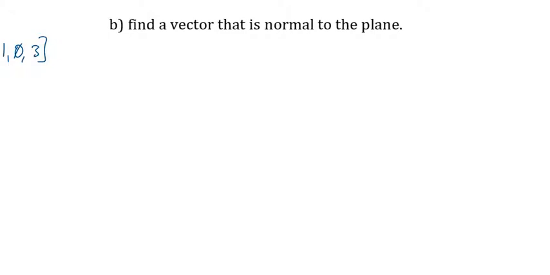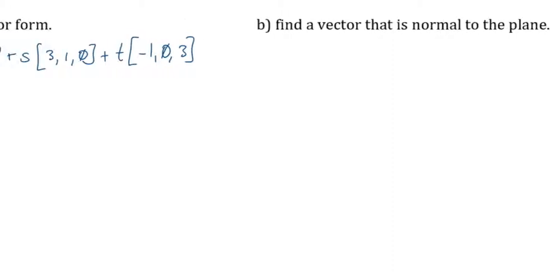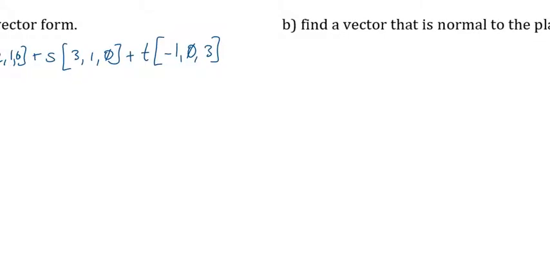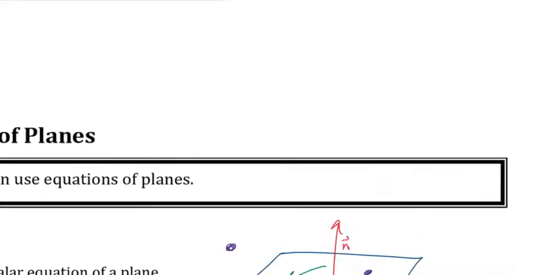Be careful, because this is a good point. You can have vectors parallel to the plane that are perpendicular to each other, right? Let me see if I can find that sketch from the very beginning. Right, okay. So what do we have to add to that? The dot product will find us a vector that is perpendicular to a single vector.